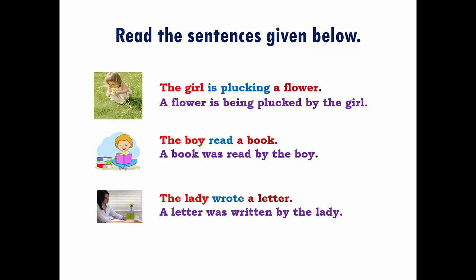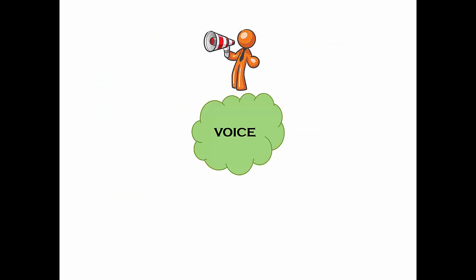The last one, the lady wrote a letter. A letter was written by the lady. Now, if you look at all these three sentences, what has been done is that they have just been presented in different ways. From here, we are actually going to move on to our topic of discussion, which is voice.